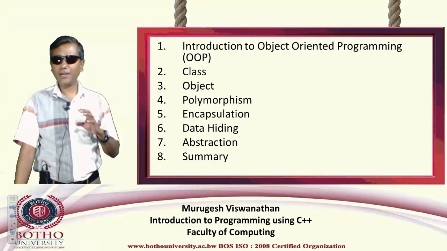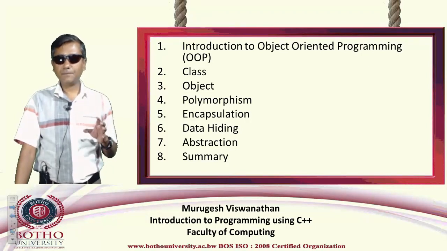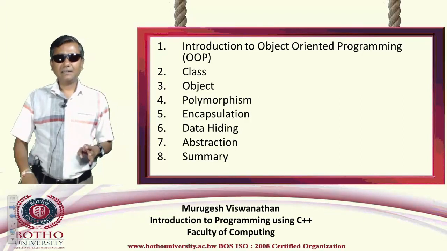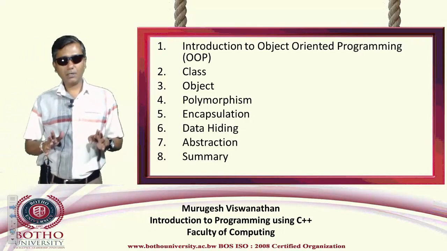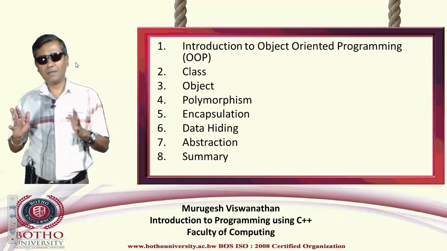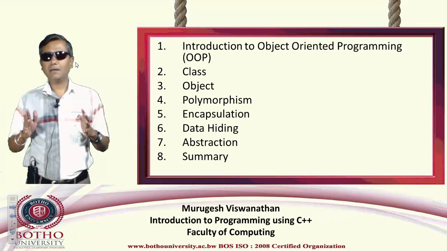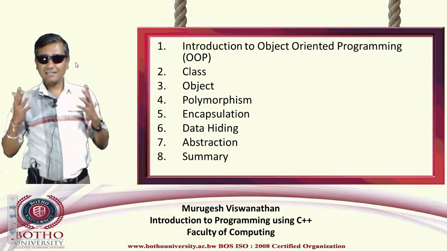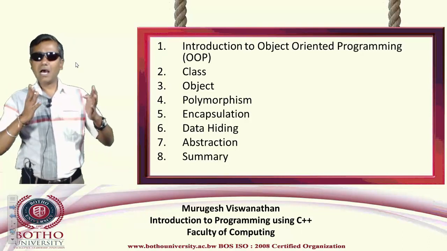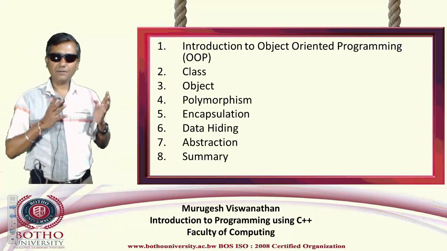There are various concepts that help us to do object-oriented programming. Basically, the intention was to create real-time programming. Whatever we see with our eyes is real, isn't it? Like cars or trees or an elephant or whatever it is.